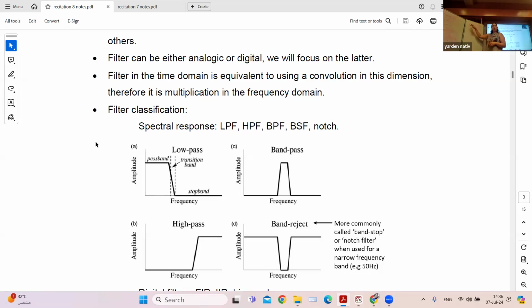We create a function, and you can see here examples for functions that we create in the frequency domain. And then we multiply by this function. We take the signal, convert it to the spectrum, then we multiply by the filter, and we do the inverse of the Fourier transform. This is the idea. This is called a spectral filter.